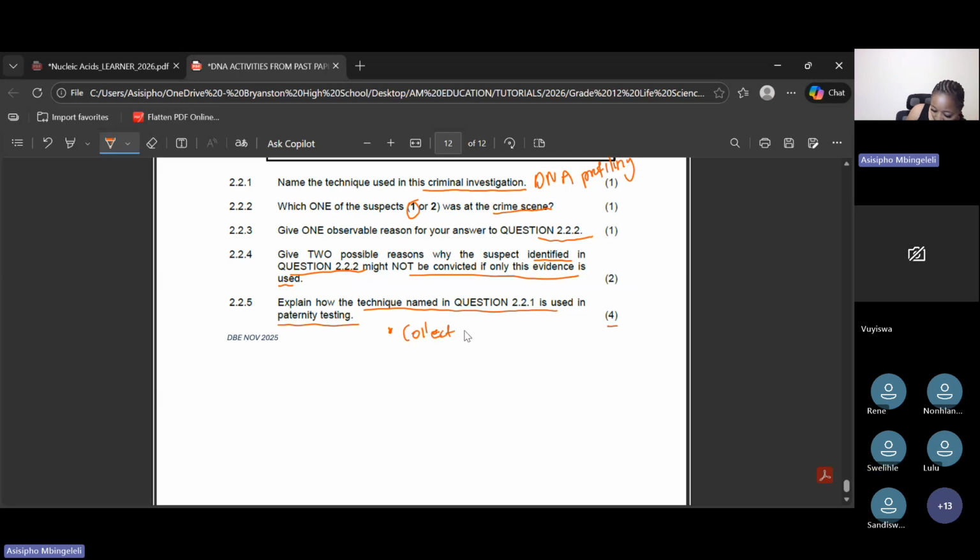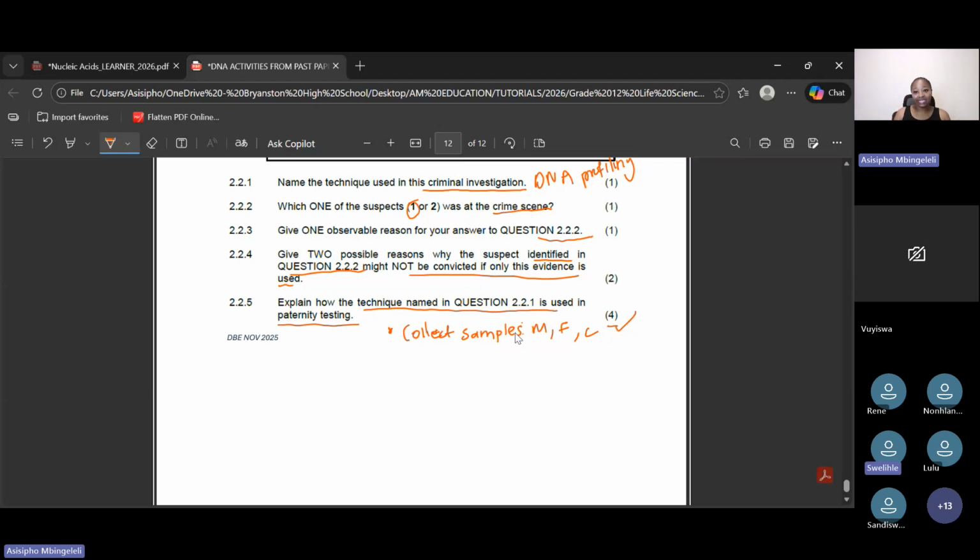Who are we collecting samples from? The mother and the father. Is that it? The child also. This was 1 mark. When they run this whole testing, they first had to collect samples from the mother.